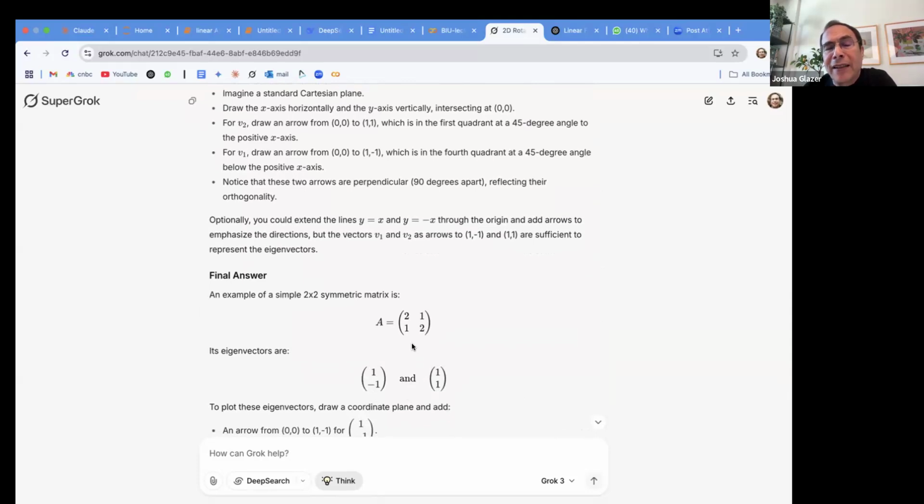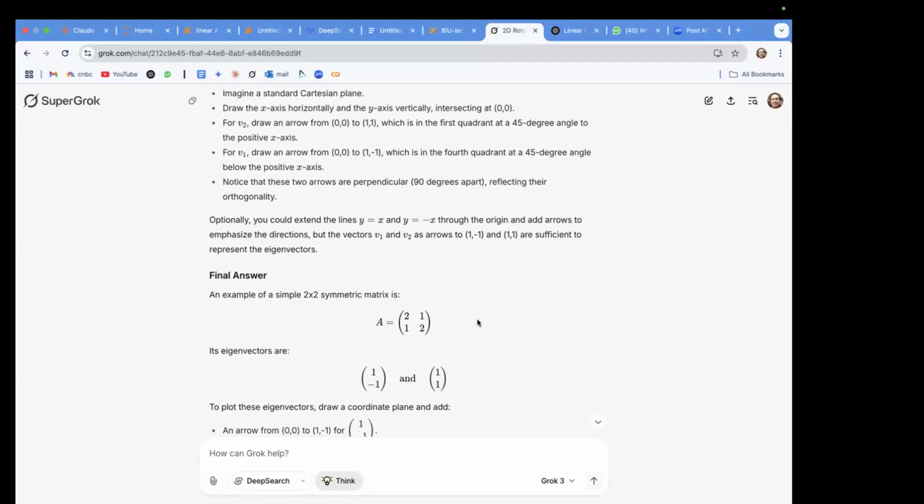By the way, can someone tell me quickly what happens to this vector when we multiply it by this matrix? It has to stay in the same direction because it's an eigenvector, but does it grow? Does it shrink? It is multiplied by 3.